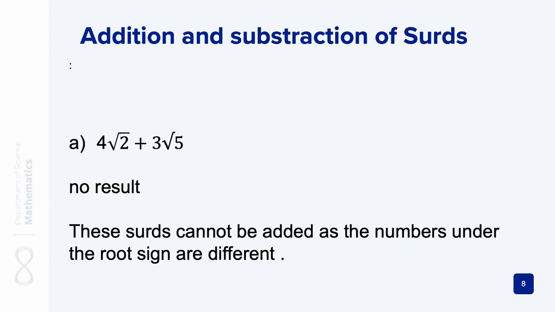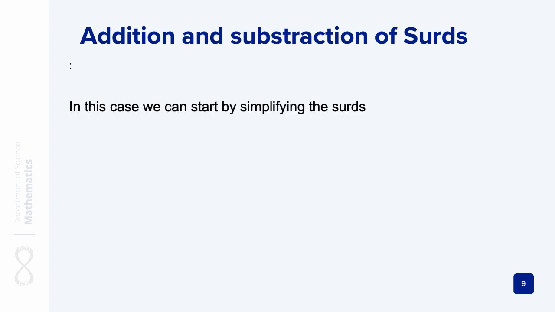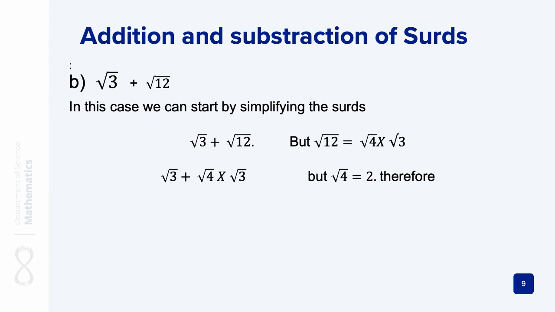Let us then move on to the next one. You have root of 3 plus the root of 12. We can start off by simplifying the surds, where we start off by saying root of 12 is equivalent to the root of 4 times the root of 3, which brings us to this expression.